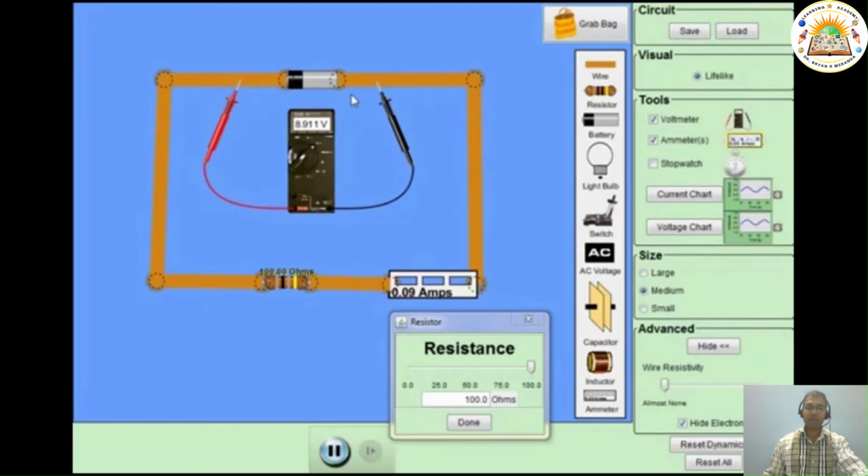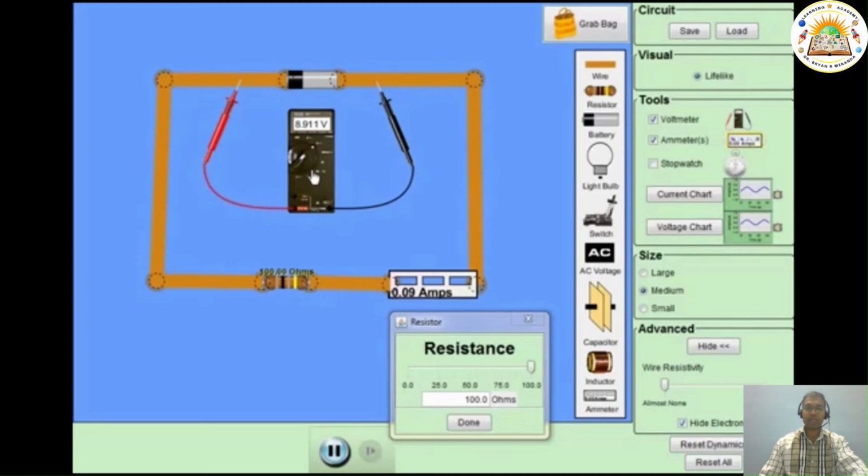If we didn't consider internal resistance, that is small r equal to 0, then we would be looking at a 9 volt cell which would supply current meant for 9 volt. Since we have taken internal resistance into consideration, the entire voltage drops a little bit to give us 8.911 volt.